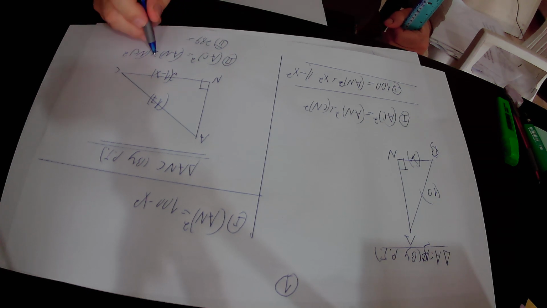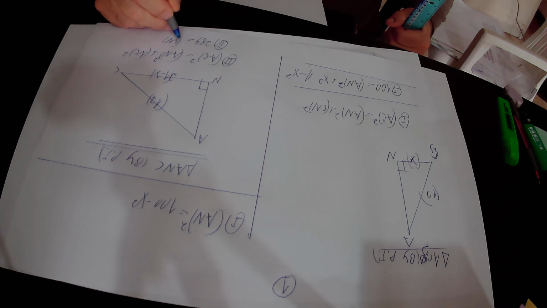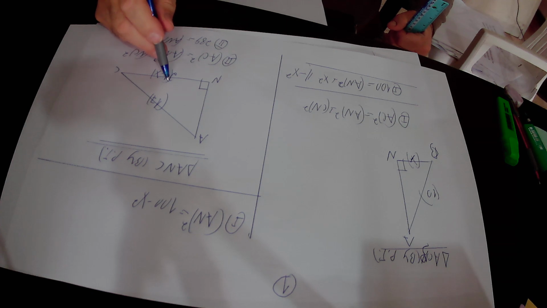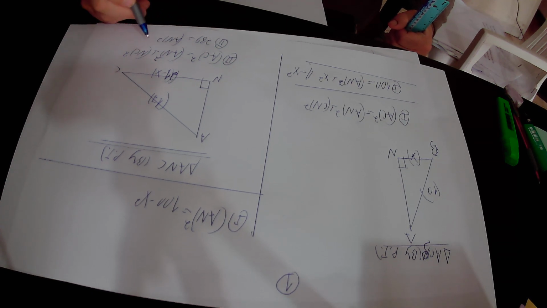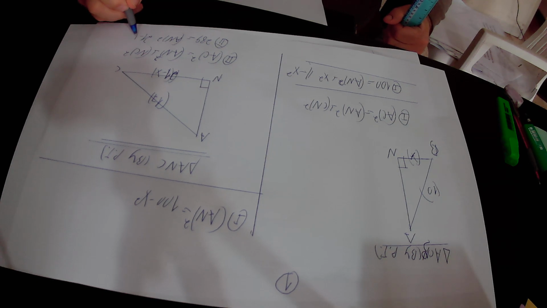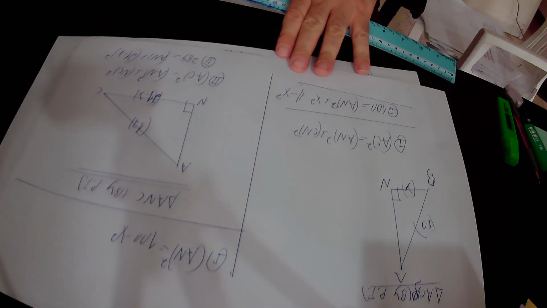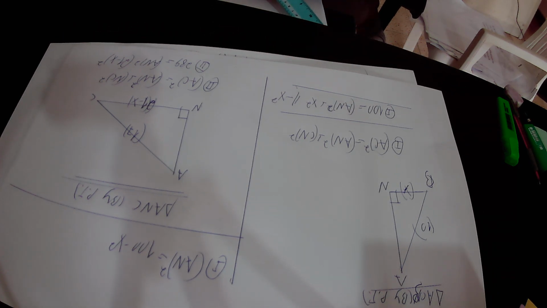And it equals AN squared. AN is the missing side, so we leave it as it is, plus NC squared. NC equals 21 minus x, therefore NC squared is (21 minus x) squared. So in conclusion, according to equation 2, 289 equals AN squared plus (21 minus x) squared.